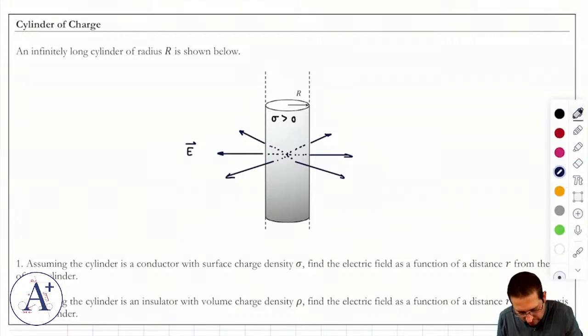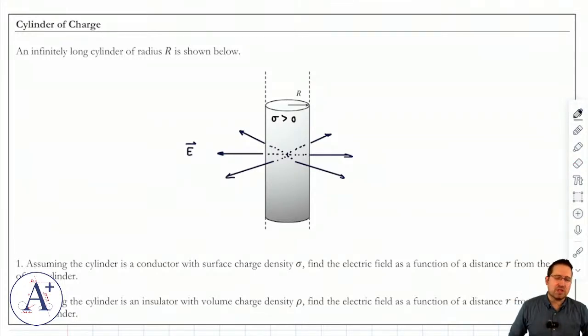So if I could get an infinite cylinder, that would be the best. Since I can't really get one in real life, maybe I can kind of treat it as if it were infinite and simplify my math. Okay, so that's kind of a sidebar right there, but that's why we simplify things and consider infinite lines of charge, infinite cylinders of charge, and infinite sheets of charge, because it maintains the nice symmetry.